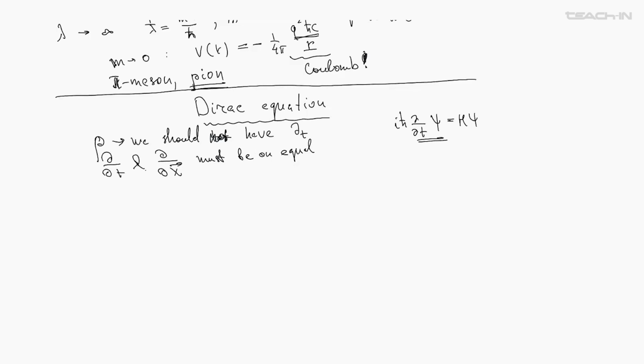While you have d over dt first derivative, typically your Hamiltonian here contains a second derivative, right? Something like this, d over dx squared. And so that immediately shows that you are dealing with non-relativistic quantum mechanics, because relativism requires that you can convert t to x and x to t by means of linear Lorentz transformations. And it is impossible to have this if your derivatives in your equation have a different order. It's simply impossible to relate them.